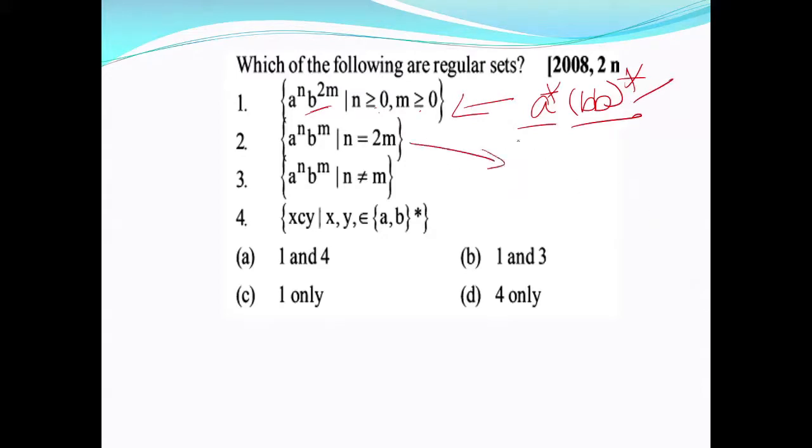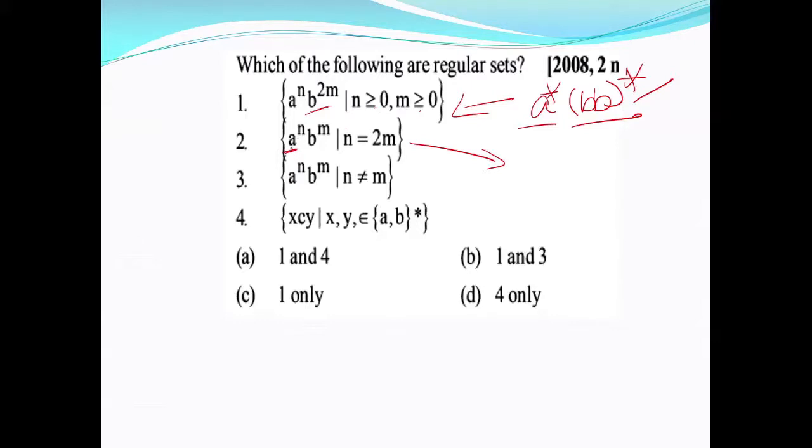Now for this, A power n, B power m, you cannot write A star, B star like this, because the number of B's will depend upon the number of A's, and the number of A's does not depend on anything, it can be any number.